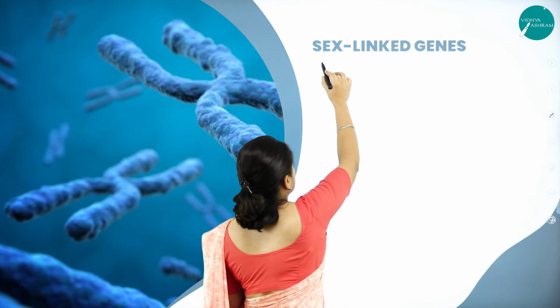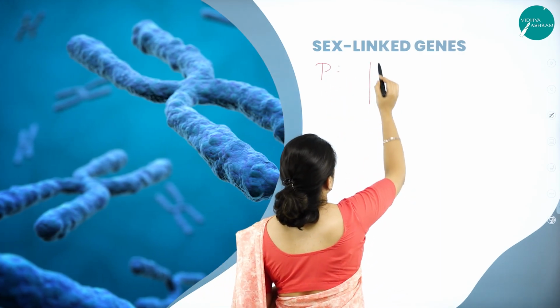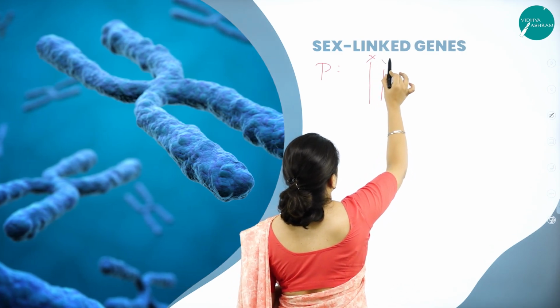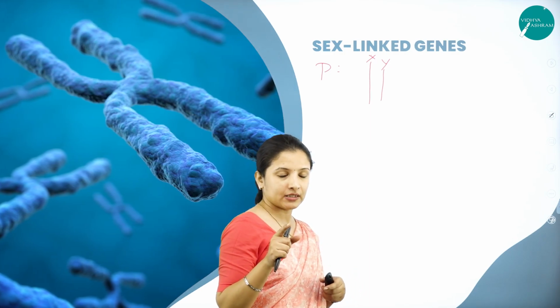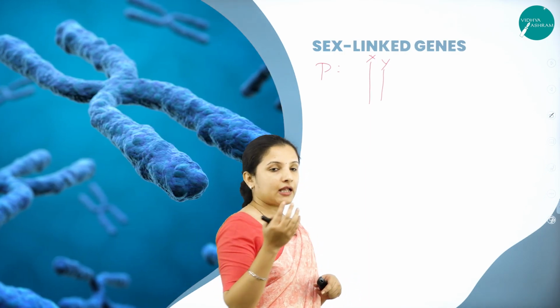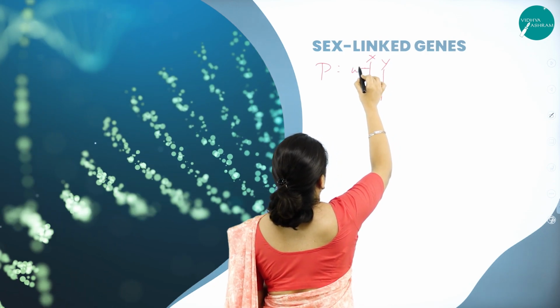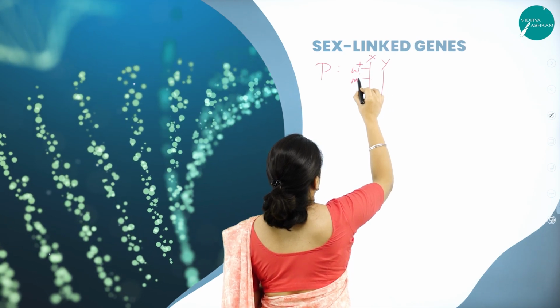So we will take the parental generation wherein the male has X and Y chromosomes, and the characteristic, what is the dihybrid nature of the male? They have red eye and large wing. So for red eye, which is dominant in male, it is W plus, and for the wing, it is M plus.